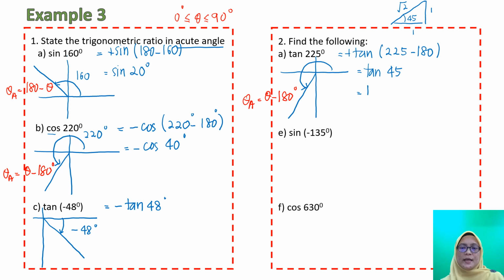Okay, so then sin negative 135. Okay, so tengok dia kuadran mana. Sebab ini negative angle, so negative 135. So ukur daripada bawah, so ini negative 135.